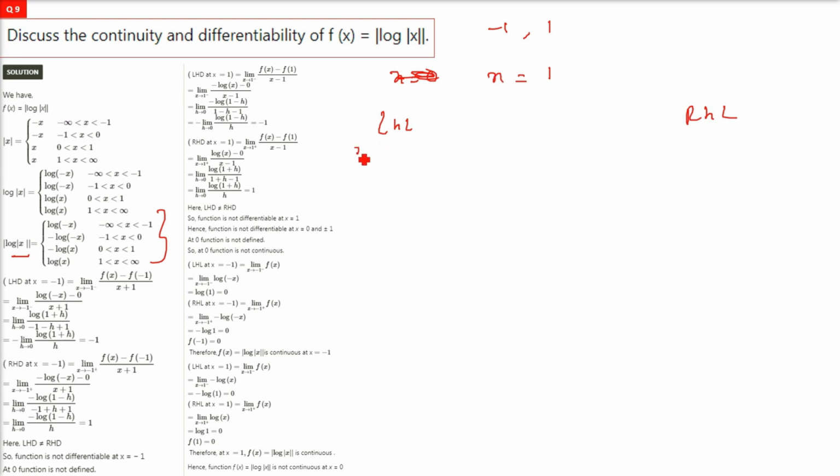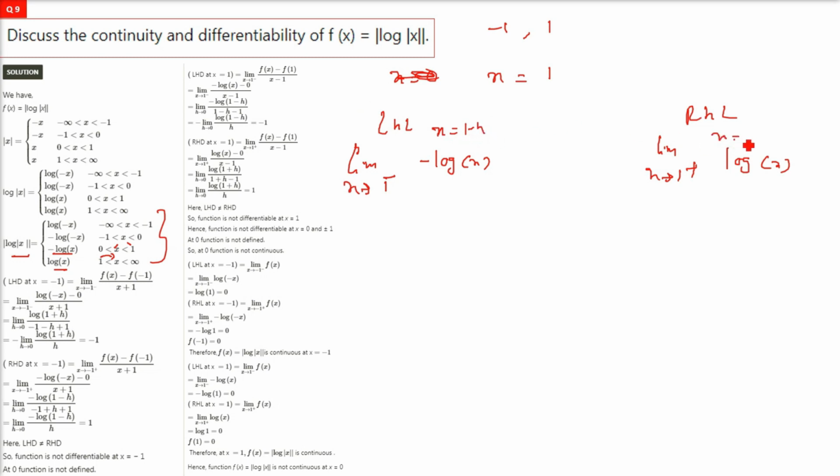So this LHL and RHL. Limit x tends to 1 minus you can write, and limit x tends to 1 plus you can write here. Now what is the function? Between minus 1 and 1, on the left of 1, you are going to use minus log x. And 1 plus means 1 to infinity, here you are going to use log x. Now since x tends to 1, just apply x equals 1 wherever x is there.